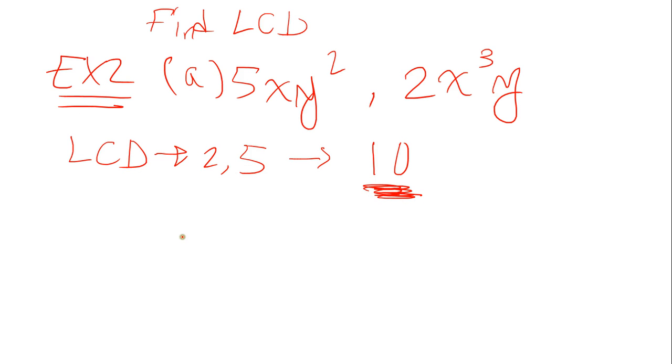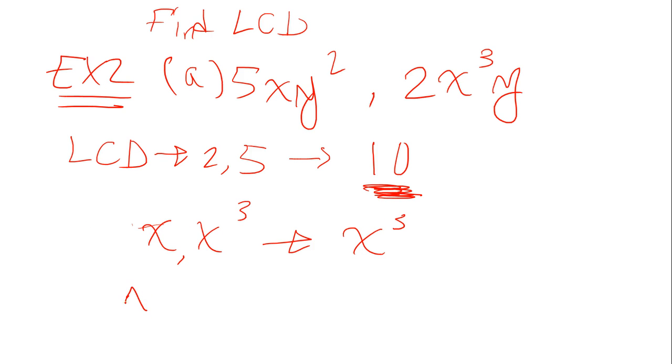So if I look at the x, I can compare my x terms, and I can see that the lowest x that has both of these in common is going to be x cubed.